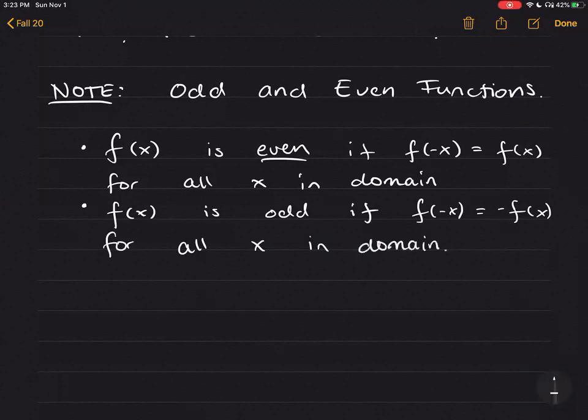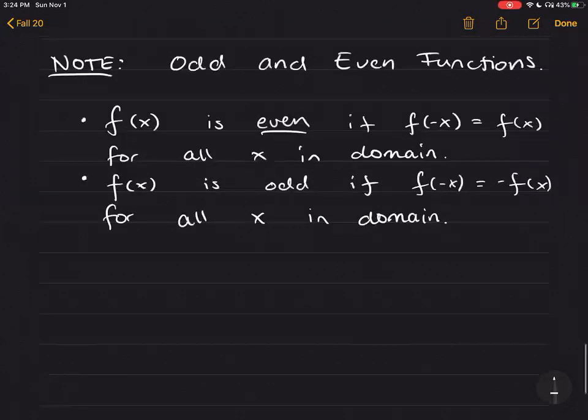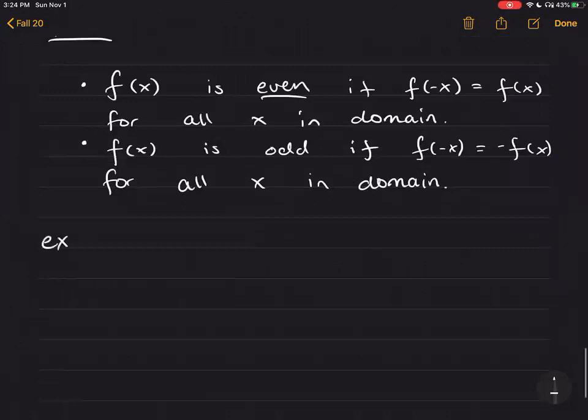Okay. So this is what odd and even functions mean. Just looking at the definitions doesn't tell you a whole lot about why this is important. And in fact, not all functions fall into these categories, right? There are definitely functions that aren't odd, and they also are not even. So let's see some examples.